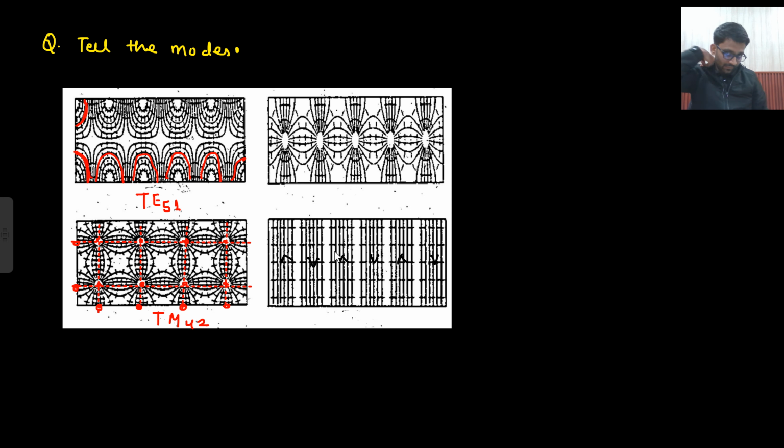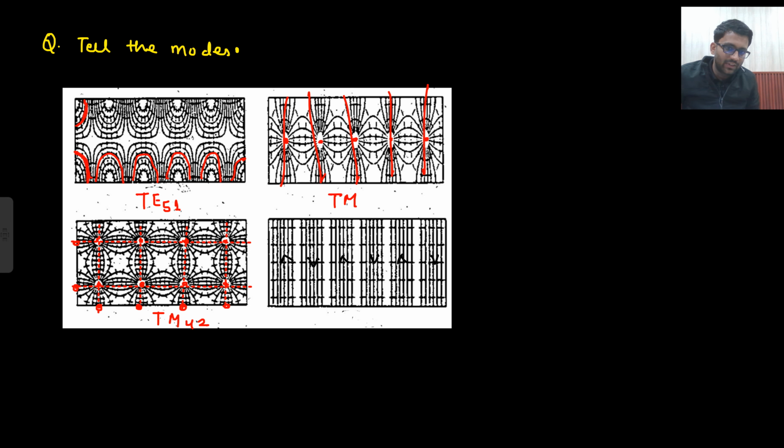TM42. What about this one? Here also you can see the dots. So without even drawing the line, you tell me why it is TM? Because you cannot see any half cycles. Now what will be the value of M? If I draw the line 1, 2, 3, 4, 5.